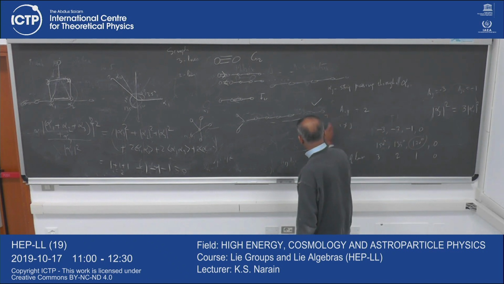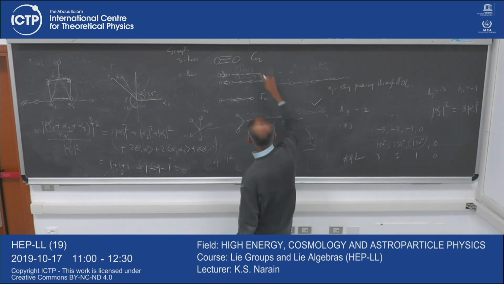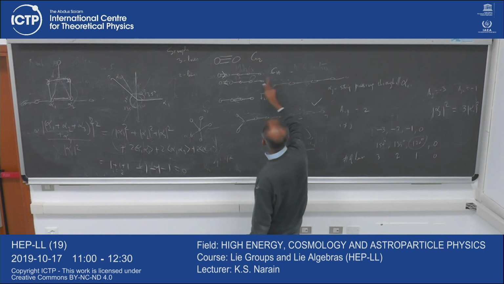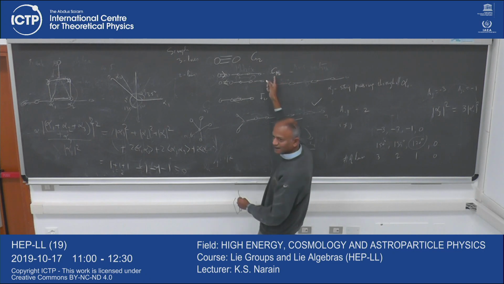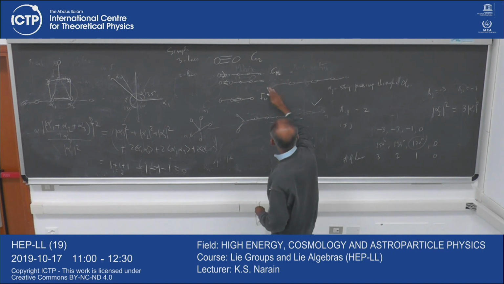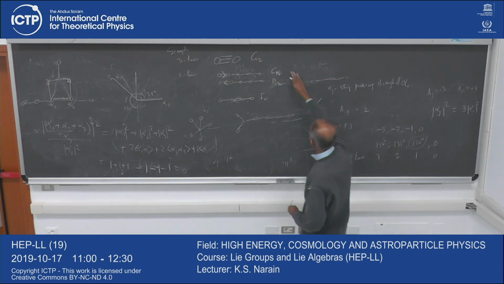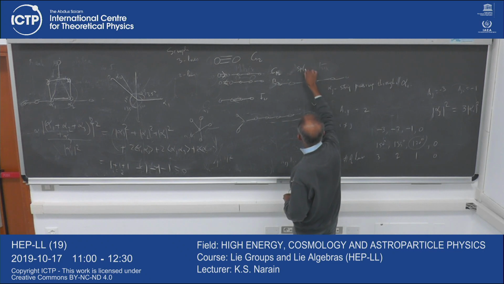So I will come to that. This is G2. This is F4. One of them is what is called Cn. N refers to the number of points, so in our notation it is Cr, where r is the rank. And here this is called Br. So this is basically Spr, the complex version.